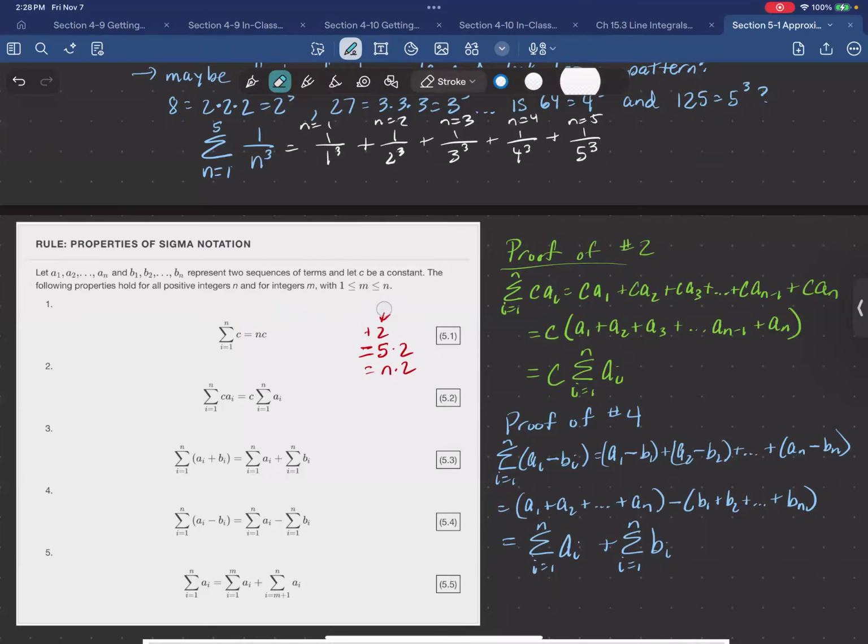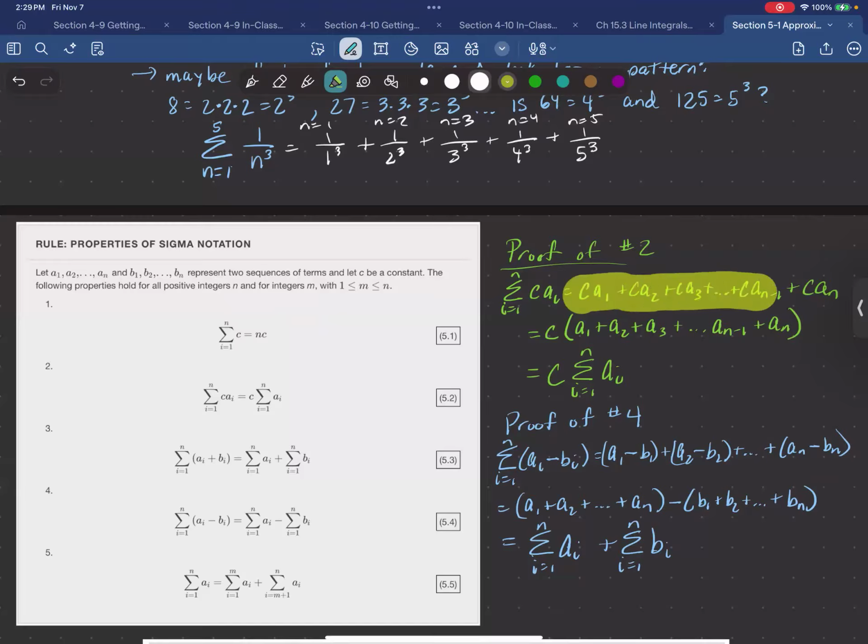Okay. Other properties, if we have some a_i, and we have a constant times it, we can pull the constant out. And there's a little walkthrough, a little proof over here on the left that I did. If you write it out, we've got c a_i, and I do the i's from 1 to n. I've got c a_1 plus c a_2 plus c a_3, and then we keep going up to c a_(n-1), and then add c a_n.